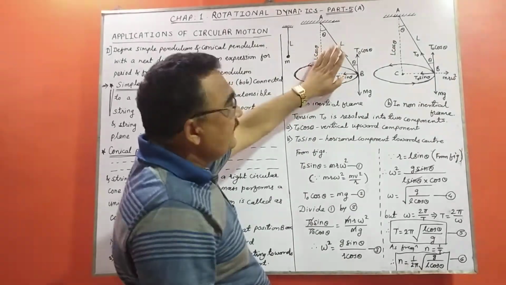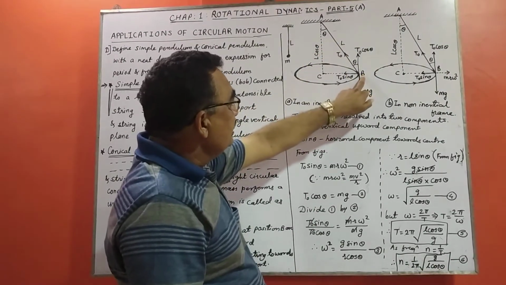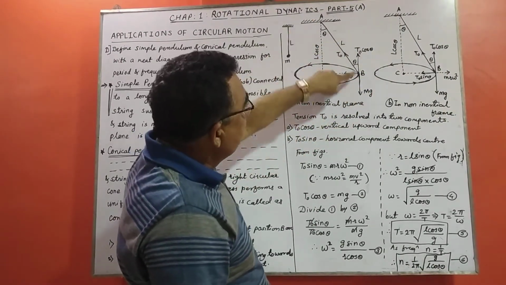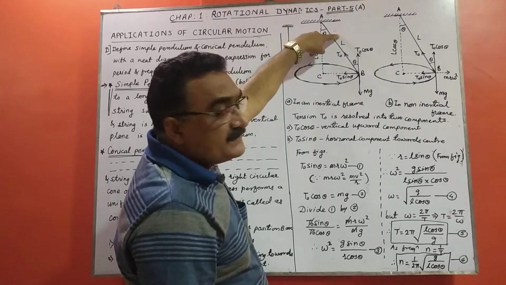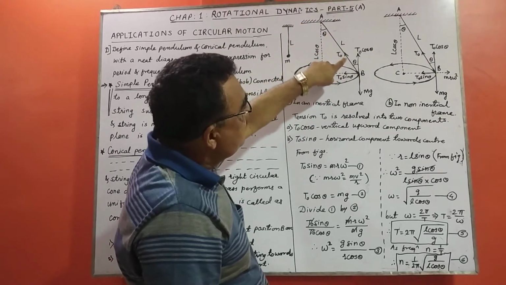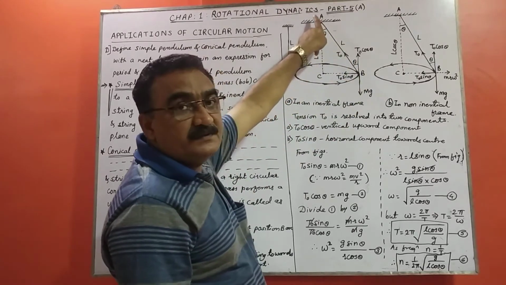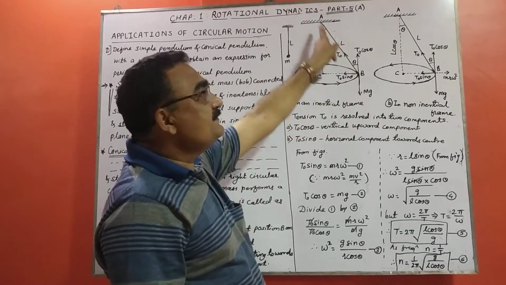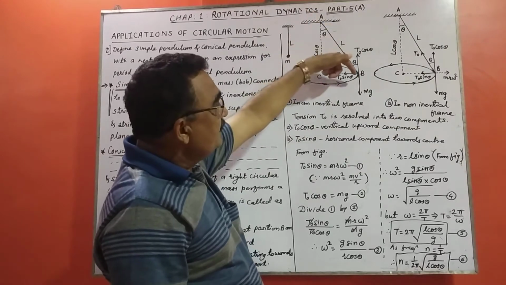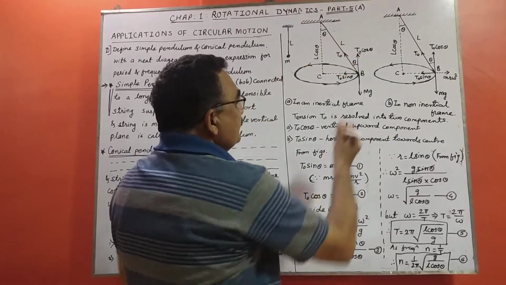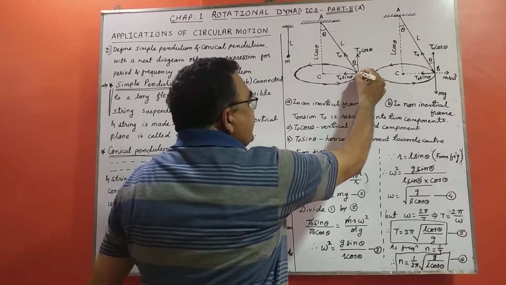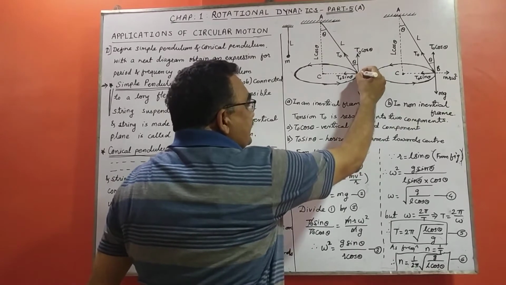Now we can refer to one diagram. Here at point B, in the length L of the string, tension T0 is created, and that tension is directed towards the point of support. That tension is one of the forces. Here M is the mass of this bob. On that mass, gravity is acting.